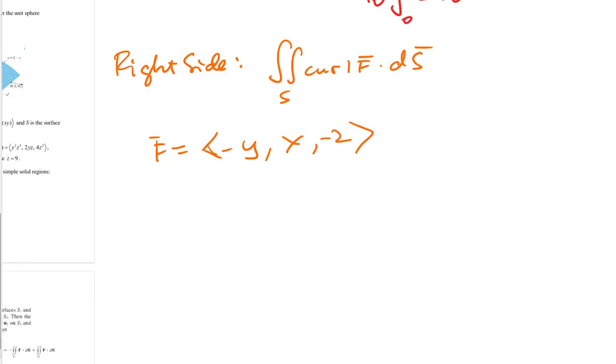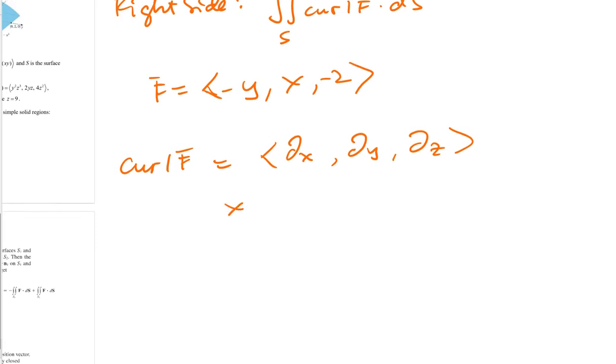All right, so the curl of F is, okay, so you do the partial with respect to x, partial with respect to y, and partial with respect to z, and you cross that with negative y, x, and negative 2.